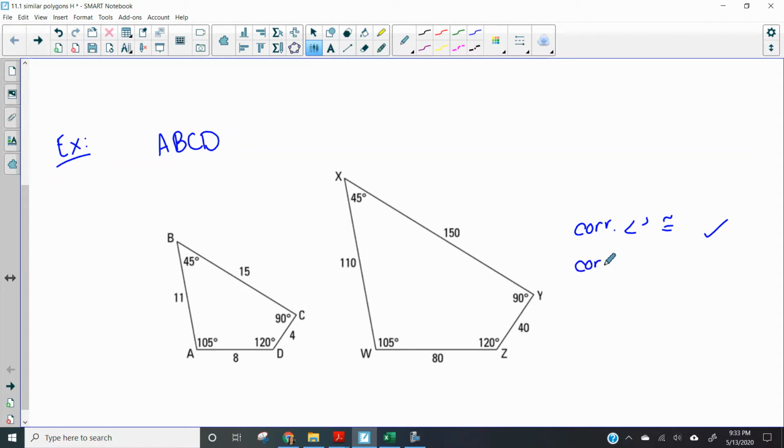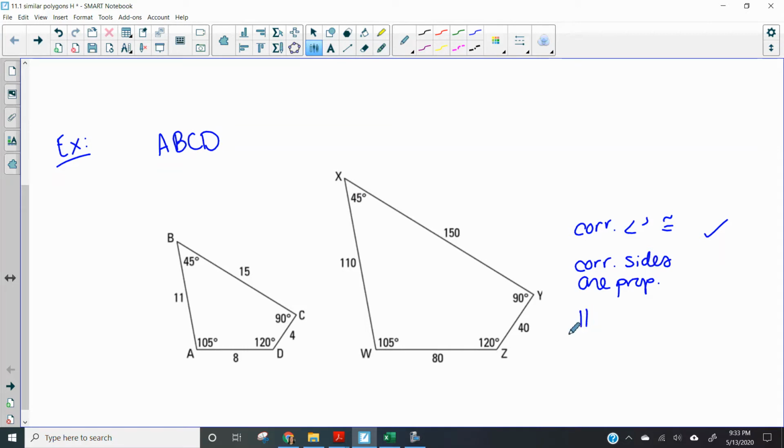Now, to tell if the corresponding sides are proportional, what we really should be testing every single time is all possible ratios, for all of the pairs of sides. So let me start here with side AB compared to WX.